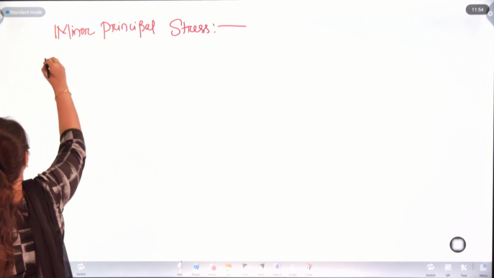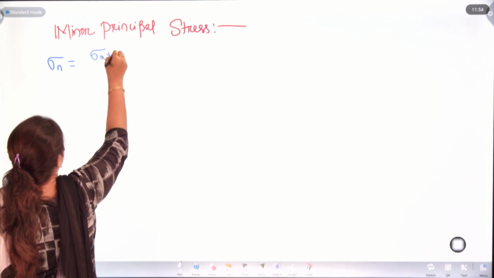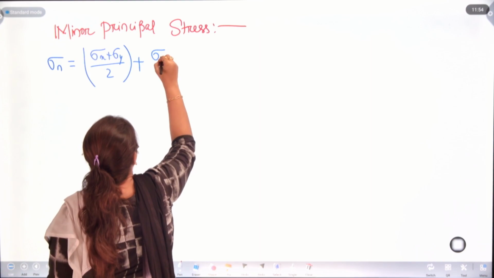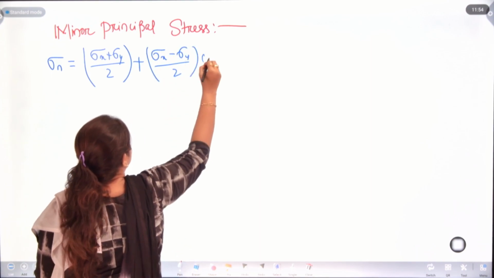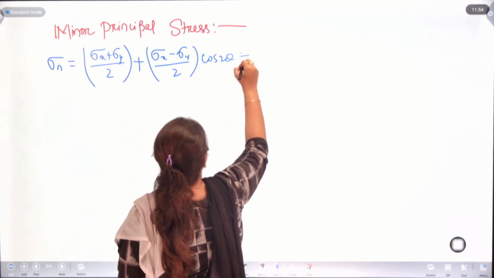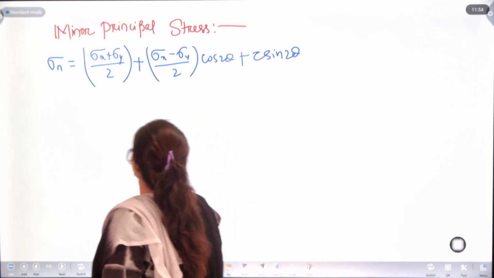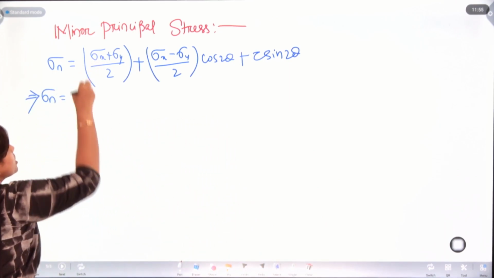So, this sigma n will be sigma x plus sigma y by 2 plus sigma x minus sigma y by 2 into cos 2 theta plus tau sin 2 theta. You need to understand very carefully here, there will be a change in sign.